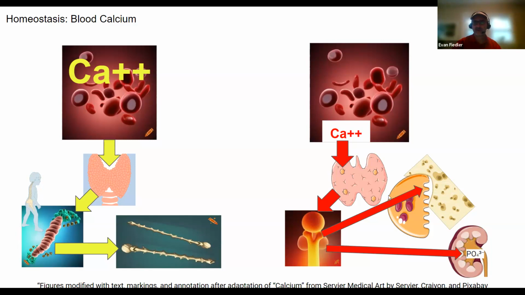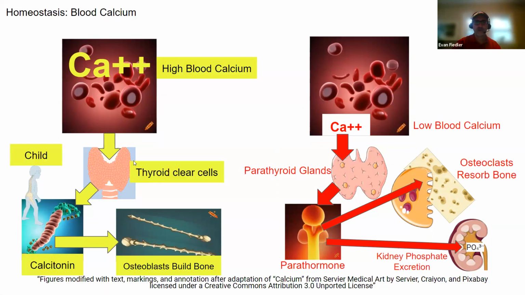So let's take a look at the notes. High blood calcium causes the thyroid clear cells or parafollicular cells to release calcitonin, which causes osteoblasts to build bone. Blast, build. And again, it's more active in children as they're growing. Now here the bones are remodeling.